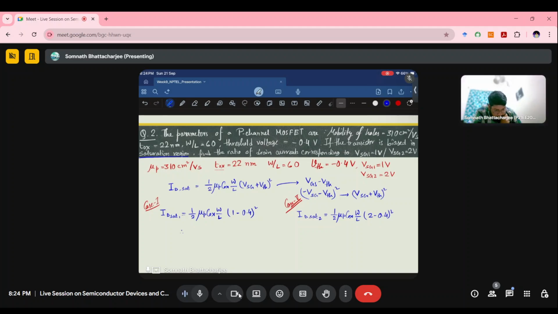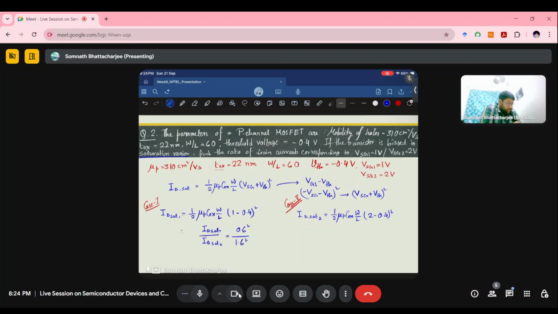Let's put the values then. If we are dividing both, ID sat 1 divided by ID sat 2, what will the value be? Half mu_p Cox W by L, everything will get eliminated. So it will be 0.6 square by 1.6 whole square.